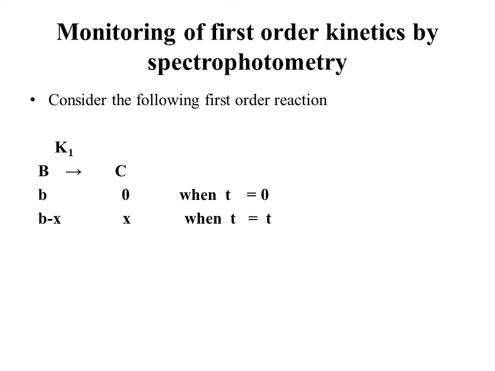At time t, the concentration of B is equal to B minus X and that of C is equal to X. Since 1 mole of B is converted into 1 mole of C, if x moles of C are formed, then x moles of B will be decomposed.